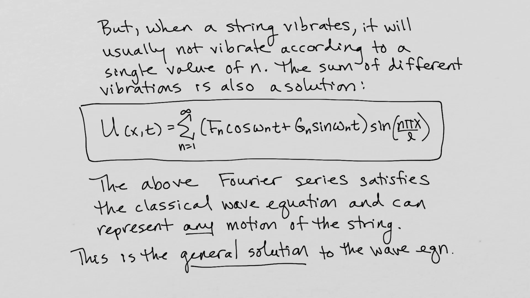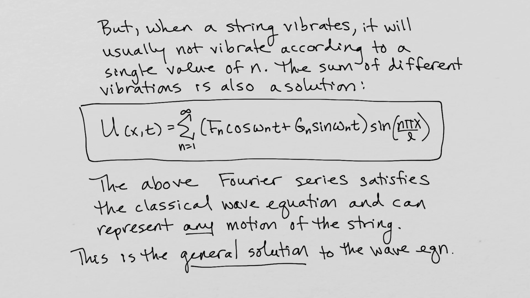All right, but one thing that we want to keep in mind is, remember, when a string vibrates, it's usually not just going to vibrate according to one single value of n. So we're going to have multiple modes essentially that will be activated when we pluck our string. So it's important to look at what happens when that's the case.